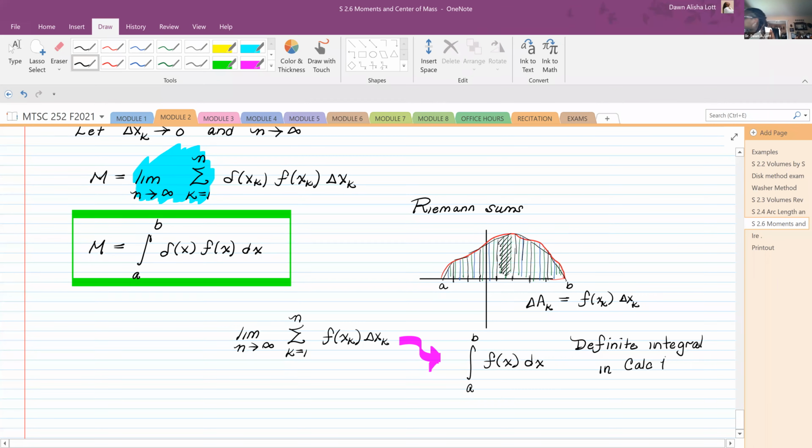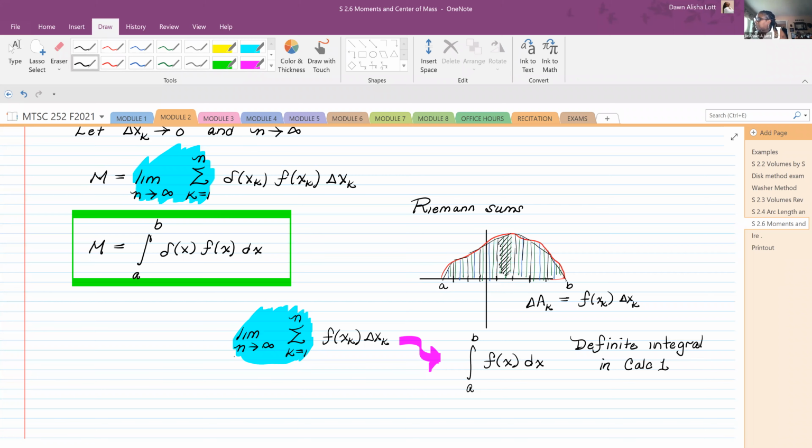Whenever I teach Calc 1, I always say, let me teach Calc 2. Who was your Calc 1 teacher? Because your Calc 1 teacher should make it very clear that when you take the limit of the sum of partitions of areas, you get the integral.